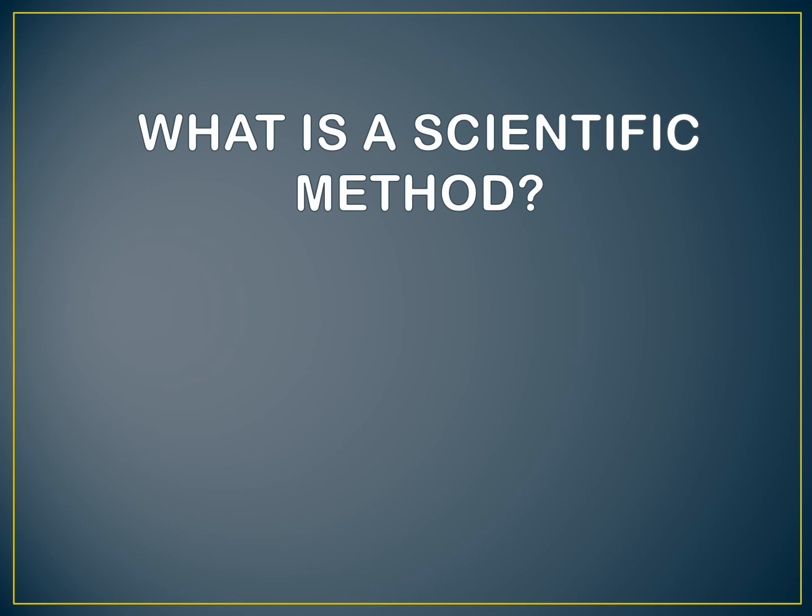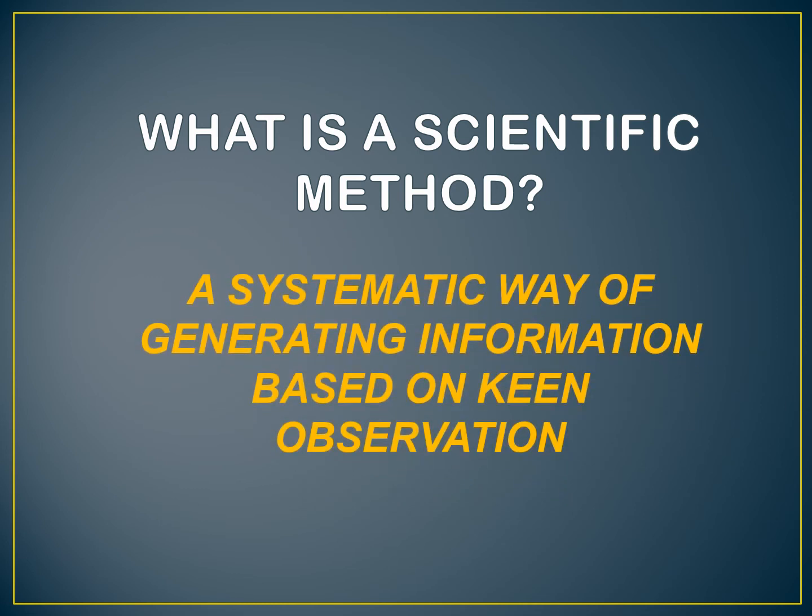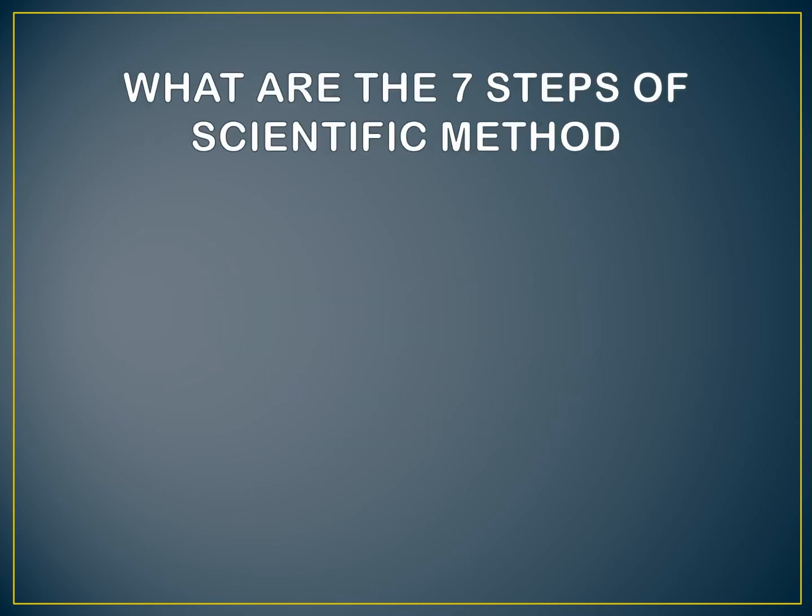Okay, so for our first question, what is a scientific method? A scientific method is a systematic way of generating information based on keen observation. For our next question, what are the 7 steps of the scientific method?